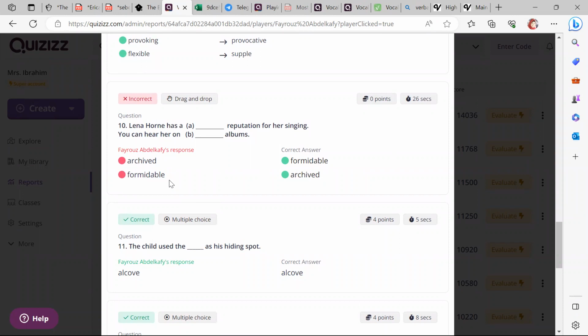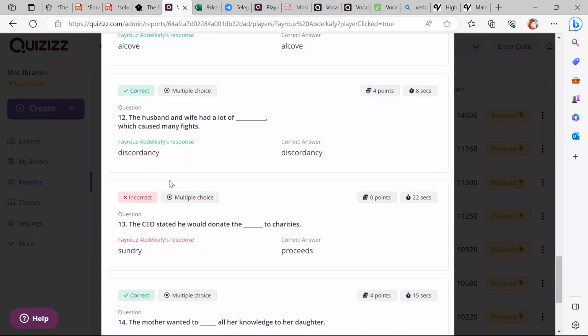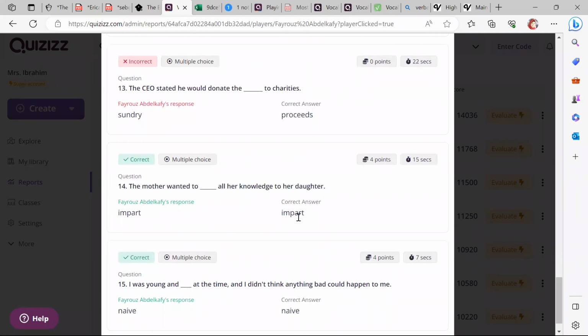So Fairuz, study them very well and write their meanings in order not to make any further or future mistakes. Here also, when I talked about donation and charities, proceeds is gonna be the right answer, not sundry. And you have to check the meanings of both words and write them down.